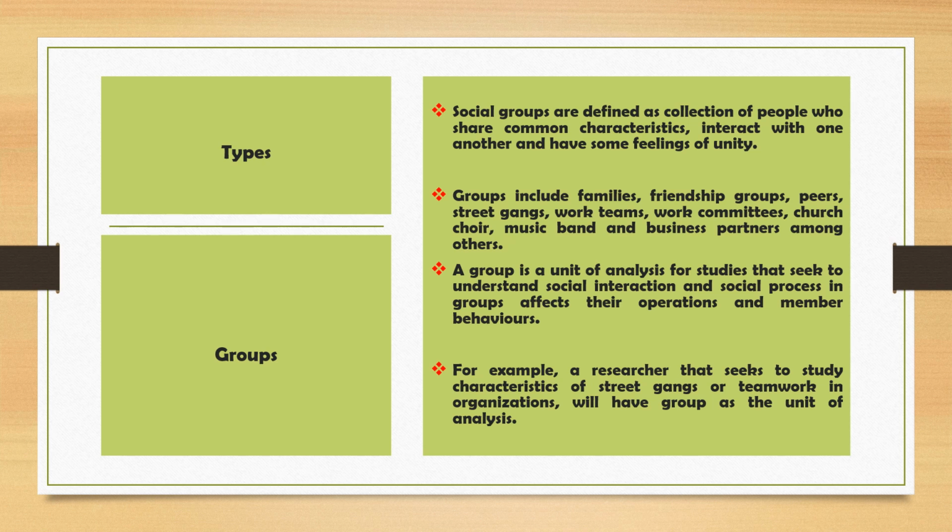So when we talk of groups, we mean entities such as families, friendship groups, peer groups, street gangs, work teams, work committees, church choir, a music band, or business partners, among others.